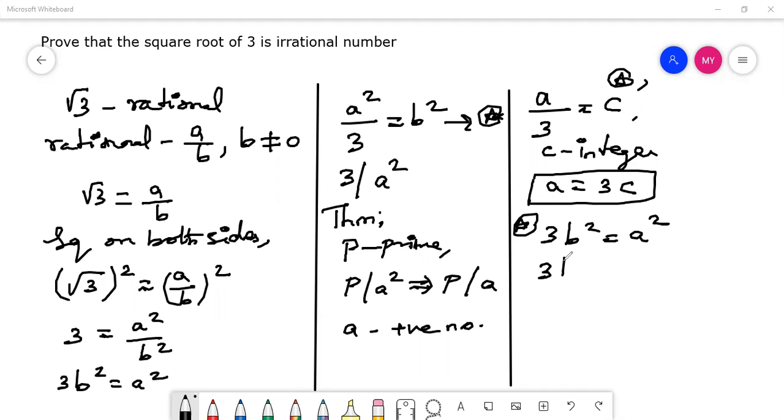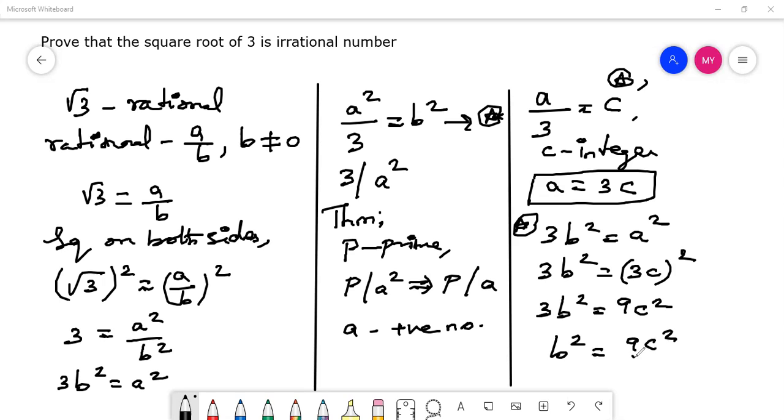Just apply here: 3b square equals 3c the whole square. What will we get? 3b square equals 9c square. After this, try to find the value of b. That is b square equals 9c square by 3. After solving this, we get b square equals 3c square.